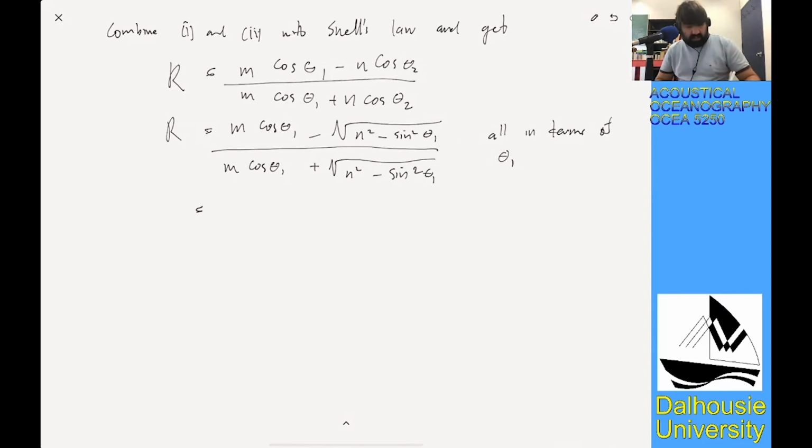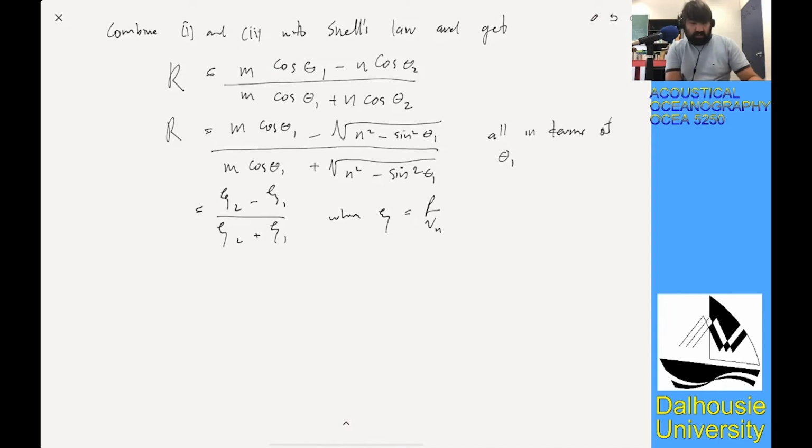Of course, we can write this in terms of impedances, where psi is equal to pressure over normal velocity. There are lots of analogies here to electric circuits and optics. I'm sure these things are quite familiar, but it's a really useful expression.